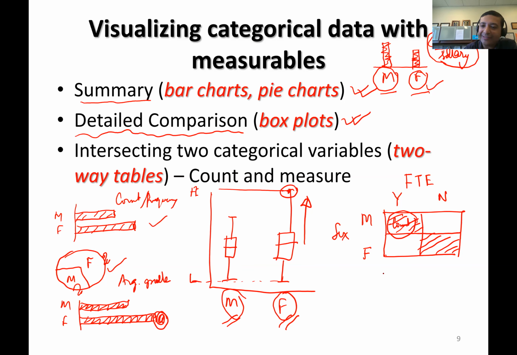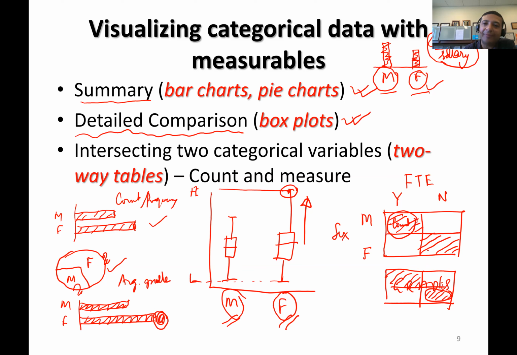And I can define the same exact thing in the context of measurables. I can actually have this as grades, and this has to be summary measures. So average grade of females who are not full-time employees, average grade of males who are full-time employees.